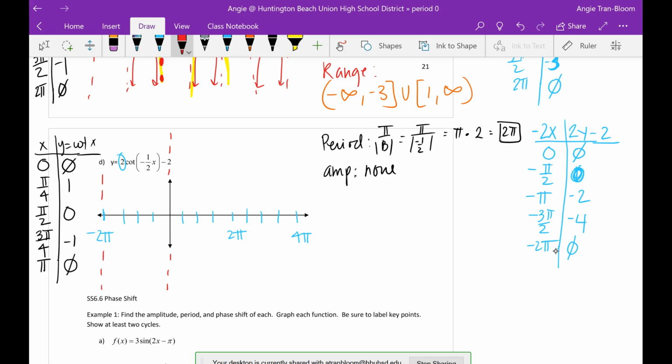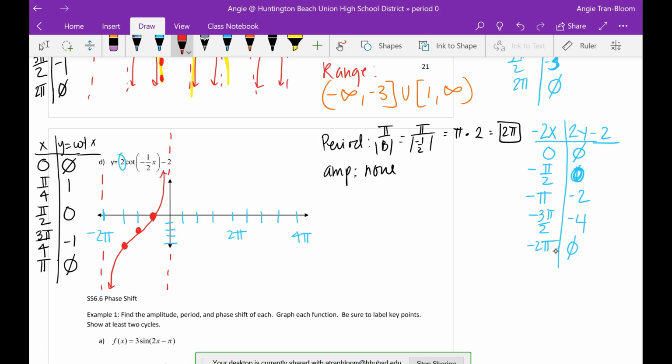Then at negative pi over 2, I'm going to be at 0. Oh, I need a couple of tick marks on the y. I need negative 4 of them. 1, 2, 3, 4. There you go. So at negative pi over 2, I'm going to be at 0. At negative pi, I'm going to go down at negative 2. Negative 3 pi over 2 is going to be negative 4. So here's one full cycle on the left-hand side of my y-axis.